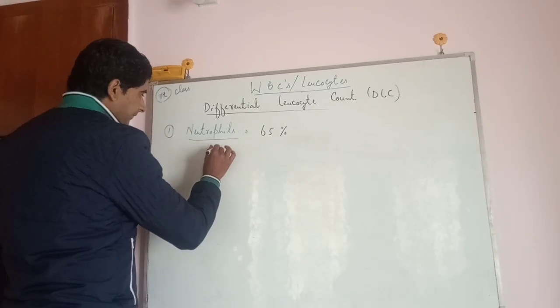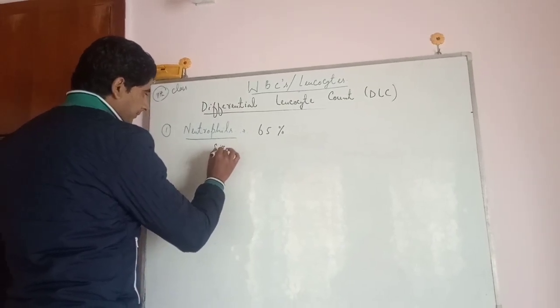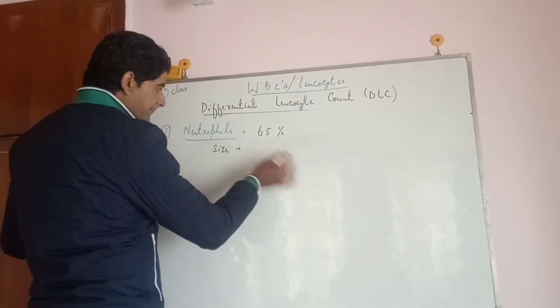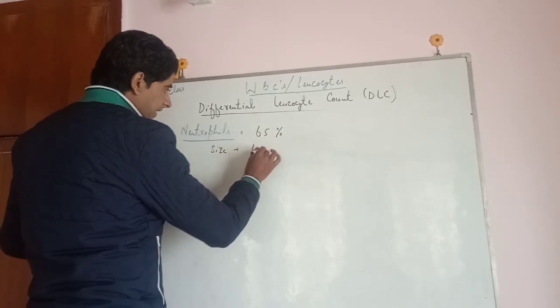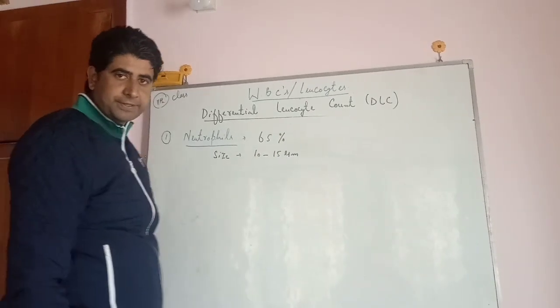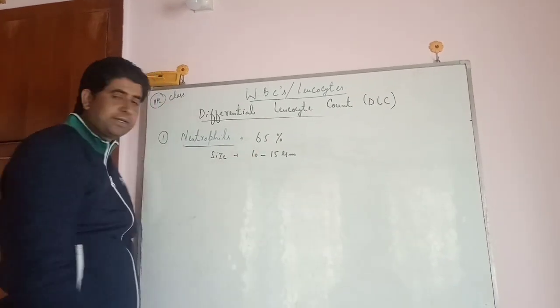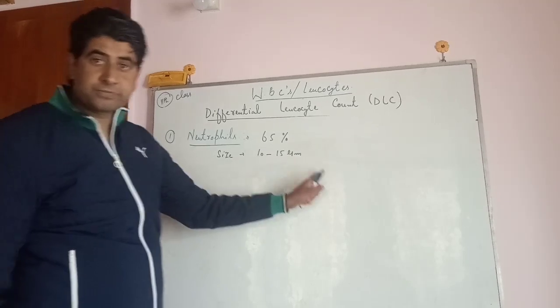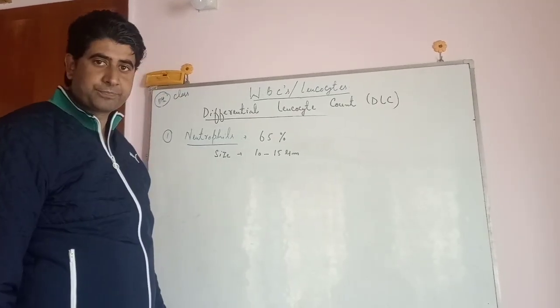And their size varies between 10 to 15 micrometer in diameter. That means जो इनका size है, that is between 10 to 15 micrometer.